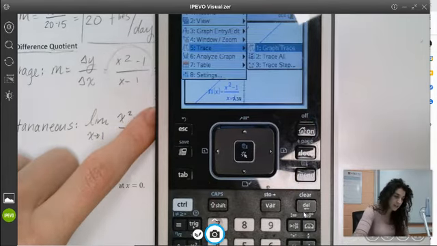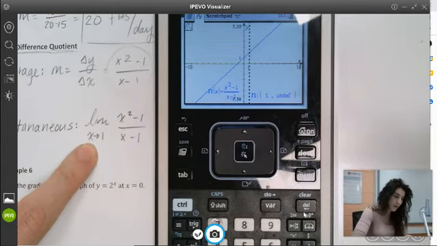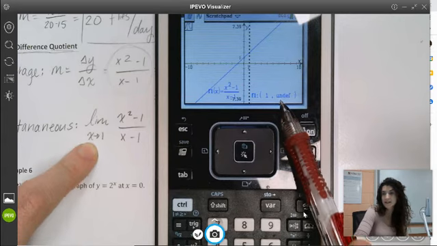If I trace my graph, what's happening at 1, it's undefined.